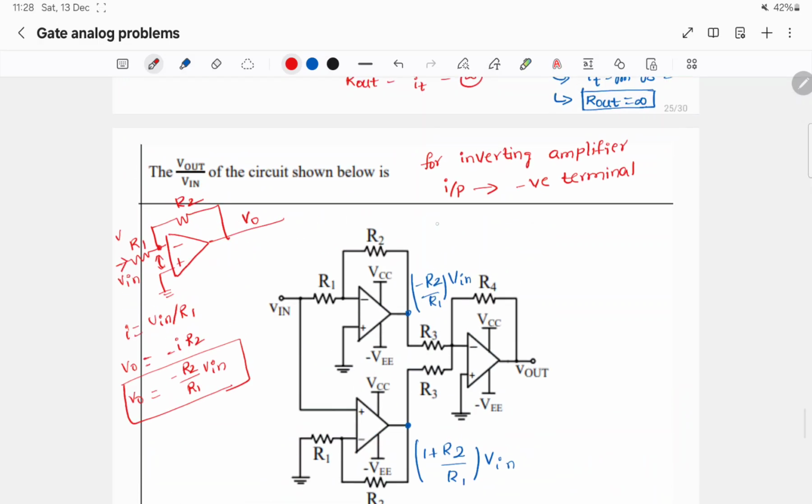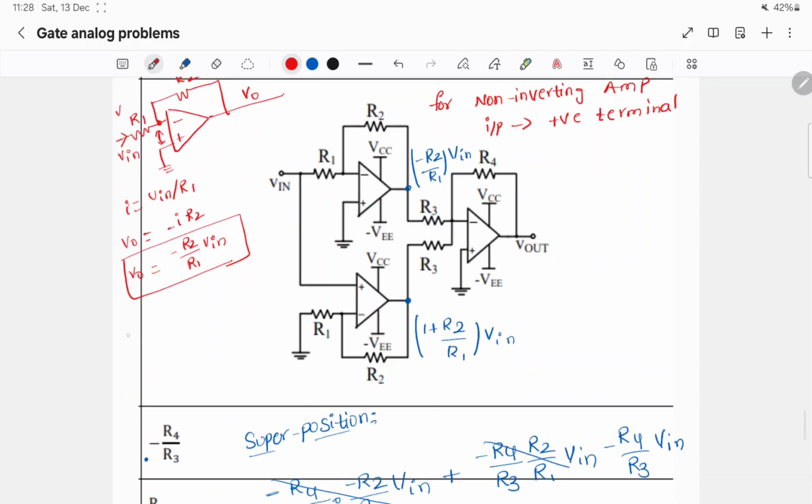Similarly, for a non-inverting amplifier, the input is applied to the positive terminal and the other terminal is grounded. So for that, similarly V0 will be 1 plus R2 by R1 times of Vn.